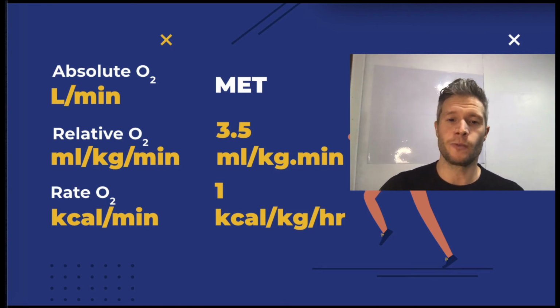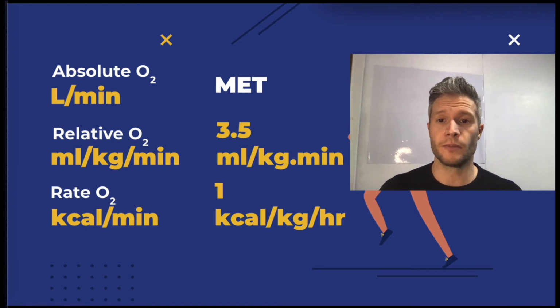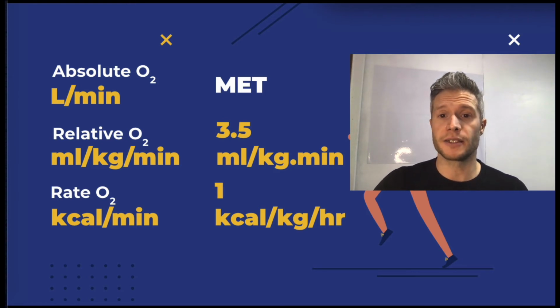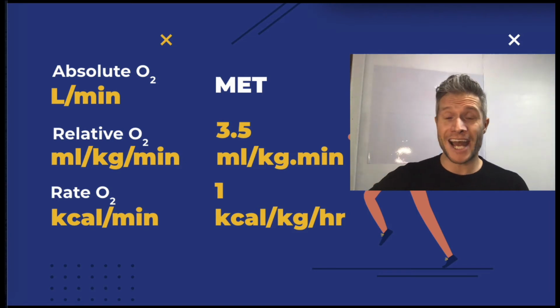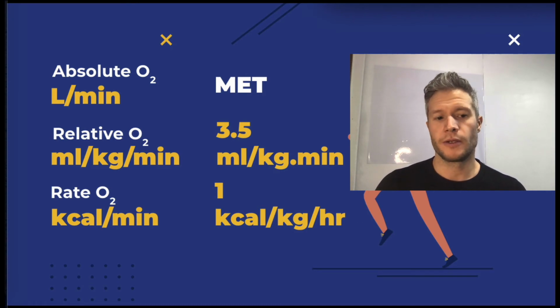How does this help us? Well, when you start talking about different activities, you can essentially relate them to how many times more metabolically active they are than at rest. So resting is 1 MET. Yoga typically is about 1.2, maybe 1.4. I think that'd be pushing it a little bit.